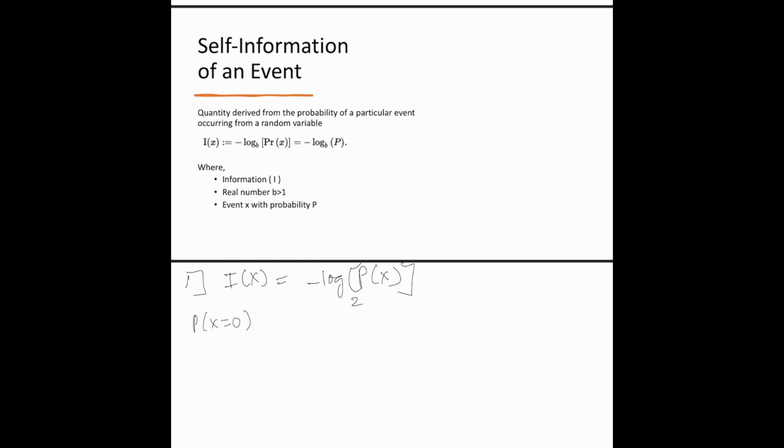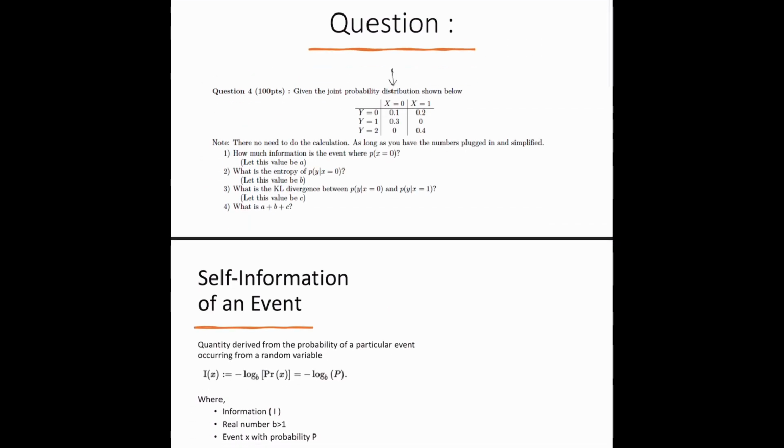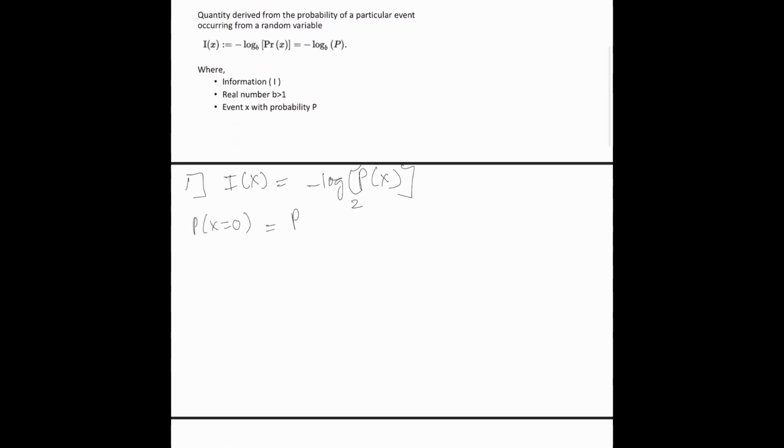Firstly, the probability for x is equal to 0 will be given by the sum of probabilities for y is equal to 0, y is equal to 1 and y is equal to 2 when your x is 0. So that is your first column. This will be p of x is equal to 0 comma y is equal to 0 plus p of x is equal to 0 comma y is equal to 1 plus p of x is equal to 0 comma y is equal to 2.